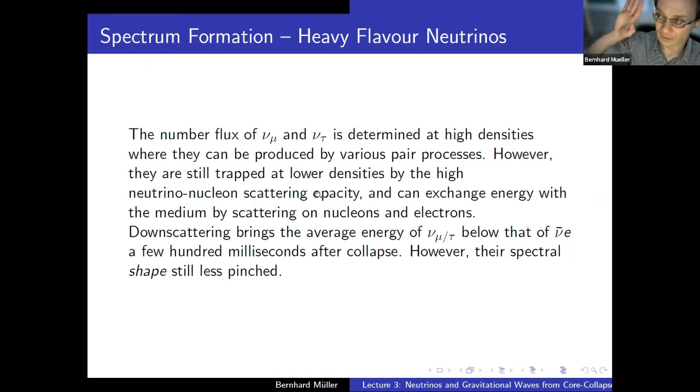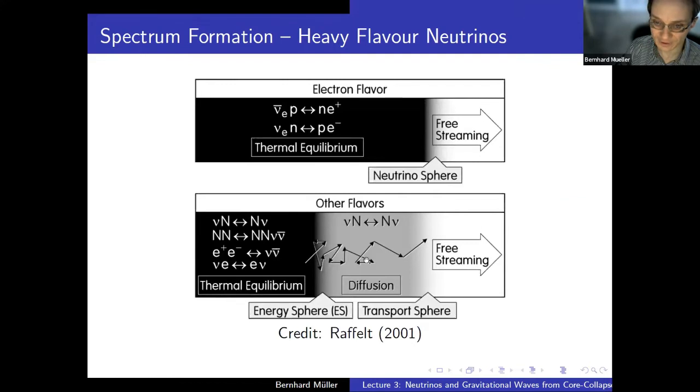So the hot spectrum of mu and tau neutrinos at the production site, which is dictated by the emissivity in the Bremsstrahlung and pair processes, will be reshaped as these neutrinos pass through a scattering layer around their production region. They effectively downscatter, and their spectrum in terms of the average mean energy can become softer than that of the electron antineutrinos.